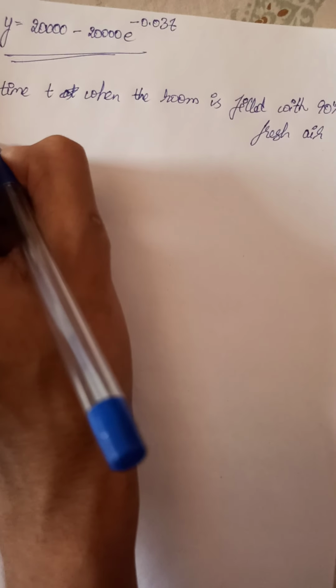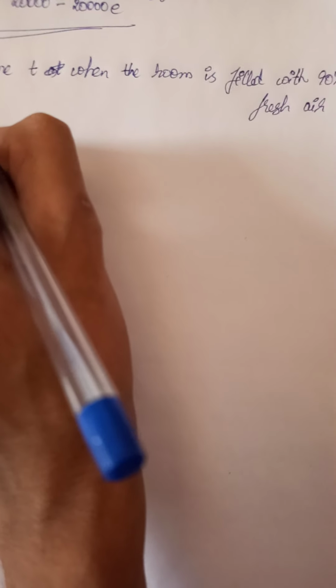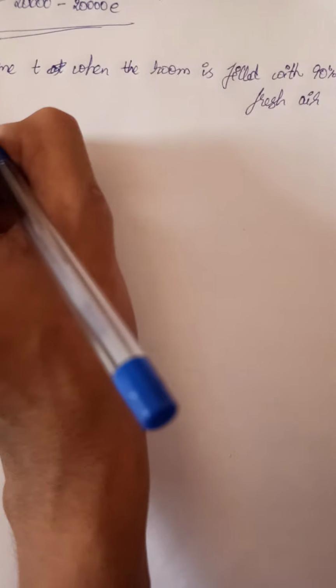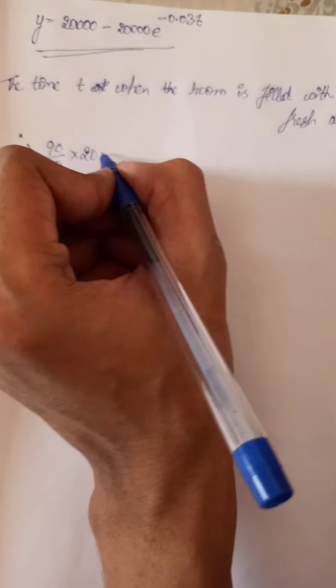So 90% of the amount of air that is present in the room has to be fresh, which implies 90% of the total amount of air.